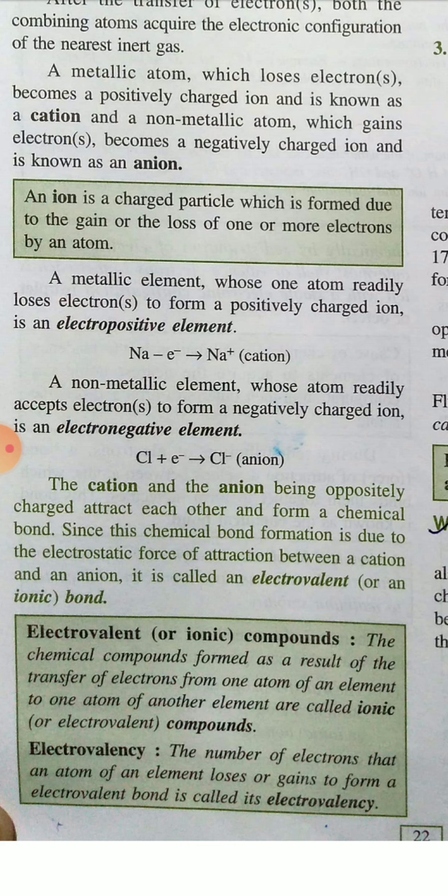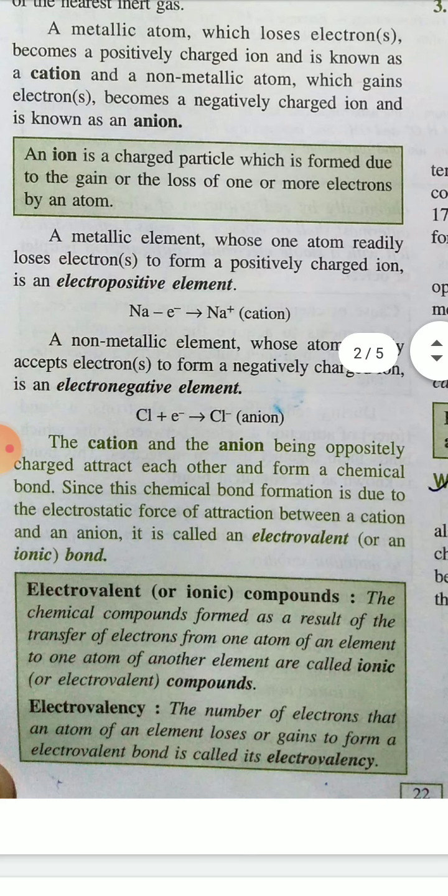Similarly, chlorine, Cl, easily accepts one electron to form Cl minus ion. Now the cation and anion being oppositely charged, they attract each other and form a chemical bond. Since this chemical bond formation is due to the electrostatic force of attraction between a cation and anion, it is called electrovalent or ionic bond.